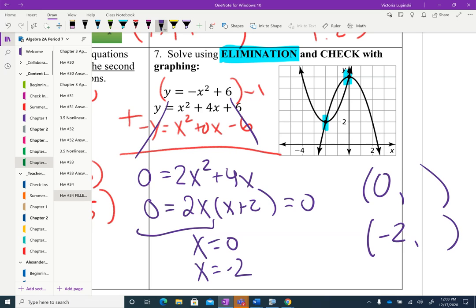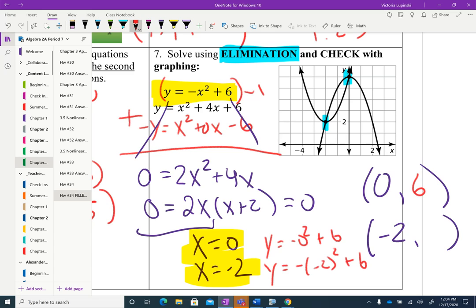In order to find the something, you have to plug these x's back into either of the original equations. I'm going to choose this one. So I'm going to say that y equals negative 0 squared plus 6. That, of course, would just be 6. Then y equals negative 2 squared plus 6. Be a little bit careful here. Order of operations.